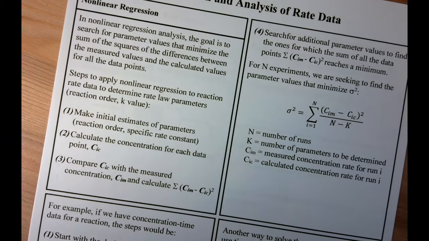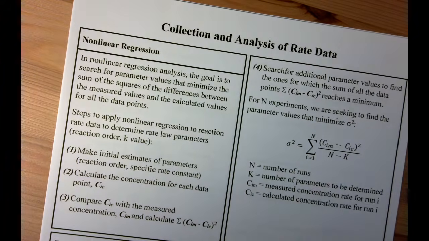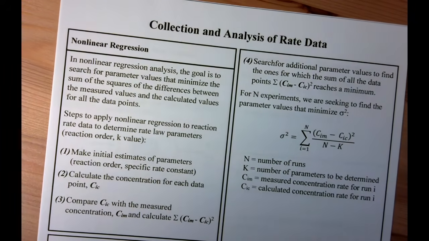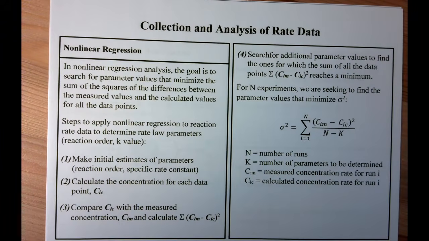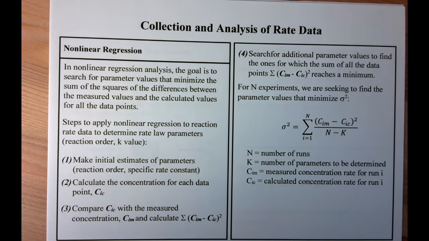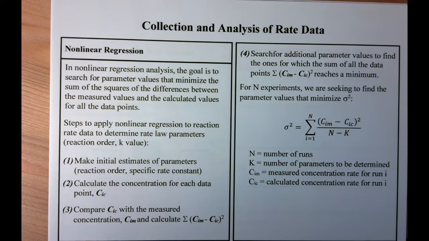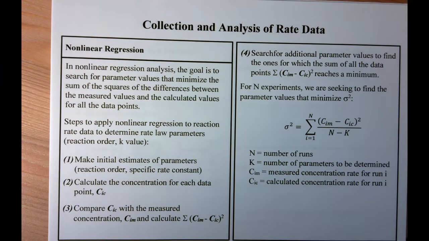What you'll see in your notes on page 5 is this part here on nonlinear regression. There's nothing for you to copy here. I'm not going to ask you to do this in class or for the exam, but it's just here for you to have for your general knowledge. Nonlinear regression is going to be a method that you can use. You've maybe seen it in numerical methods.